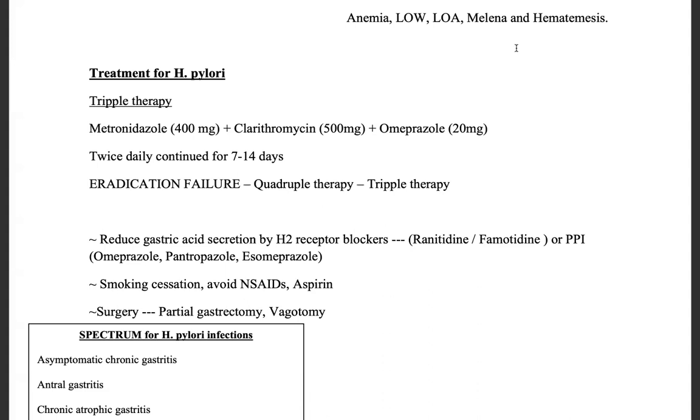Surgery, partial gastrectomy or vagotomy, are also options in severe cases.